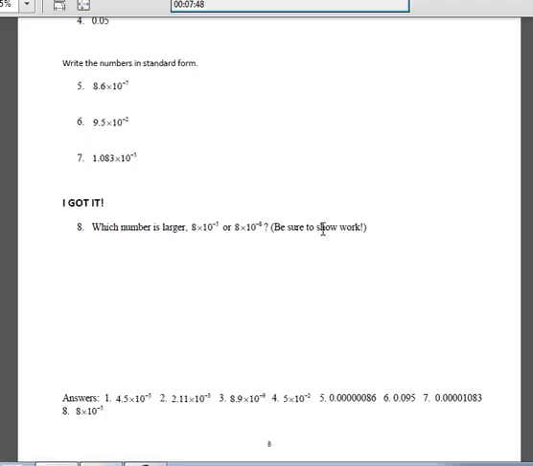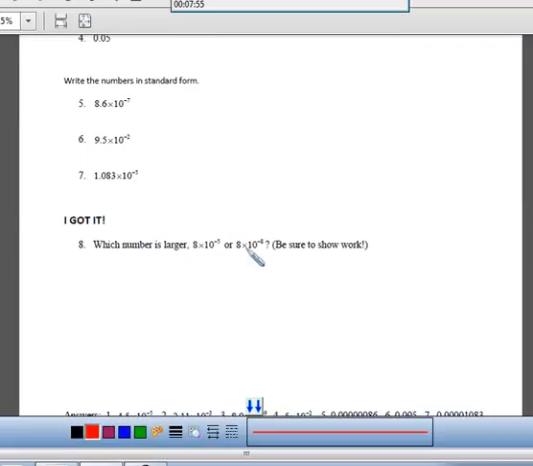Which number is larger? So we've got 8 times 10 to the negative 5, or 8 times 10 to the negative 8. I'm going to write it out so you can see it, but I think some of you who are understanding this will know already. So I have a negative 5 exponent, so I'm going to write 8, and I'm going to put 5 zeros in front of it.